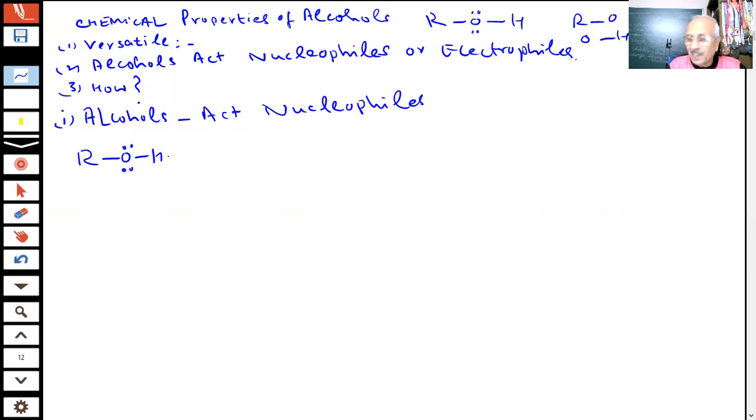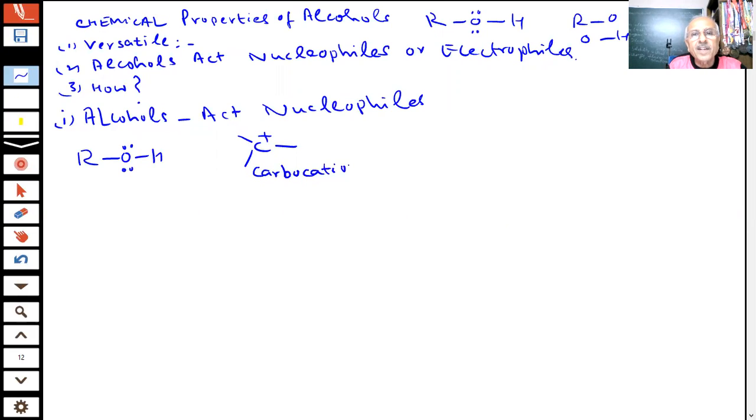If the oxygen gives its lone pair, it will act as a nucleophile. But this is a weak nucleophile, not a strong one. So it will need a strong electrophilic species to attack, where some positive charge should be there. For example, a carbocation.